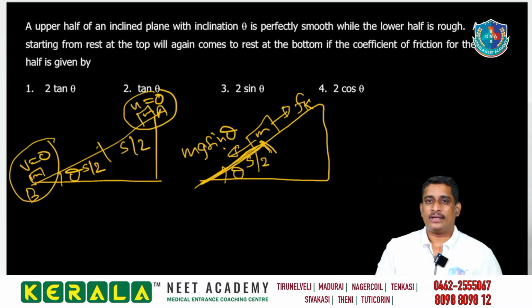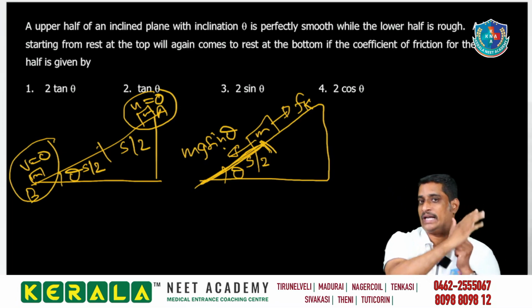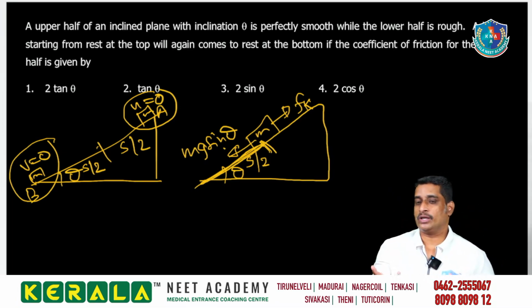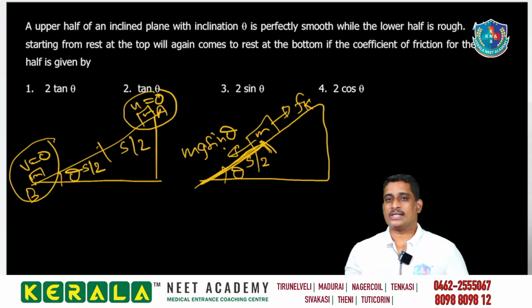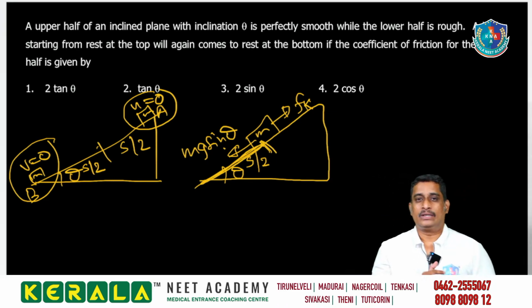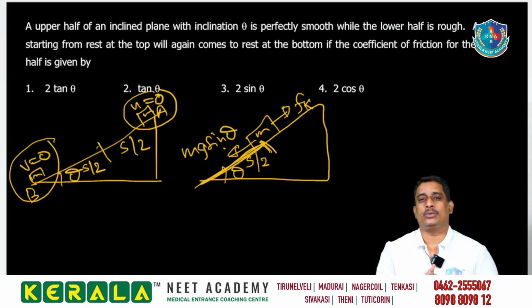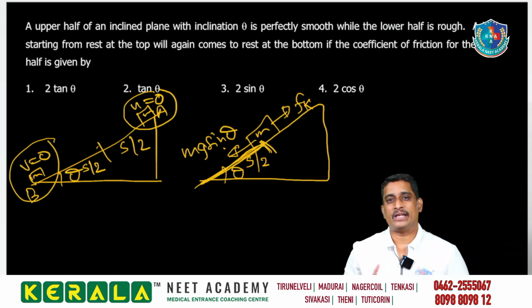Friction comes into play as soon as the block enters the rough surface, the lower half of the inclined plane, and that friction is doing negative work. As there is no change in kinetic energy of the block, the amount of work done by mg sin theta should be exactly equal to the amount of work done by kinetic friction.